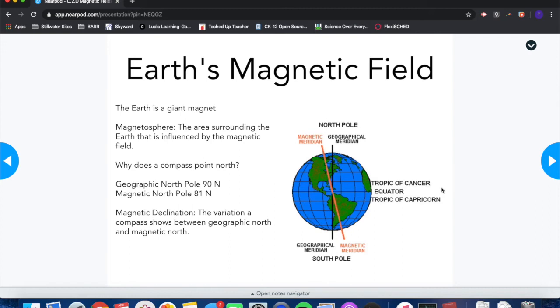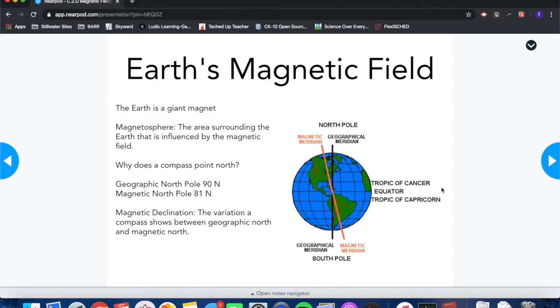So, why does a compass point north? Well, a compass is a tiny magnet, and the Earth is a much larger magnet. That means the tiny magnet of the compass is going to point towards the opposite pole of the Earth's magnet. Now, here's a little thing that's going to blow your mind.